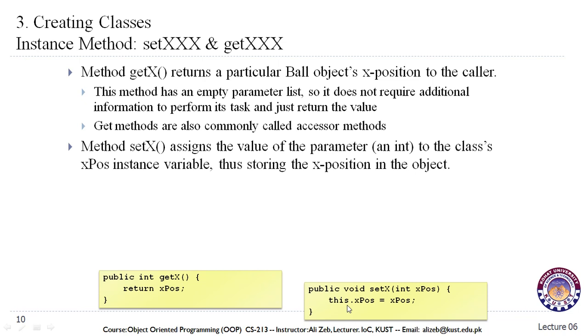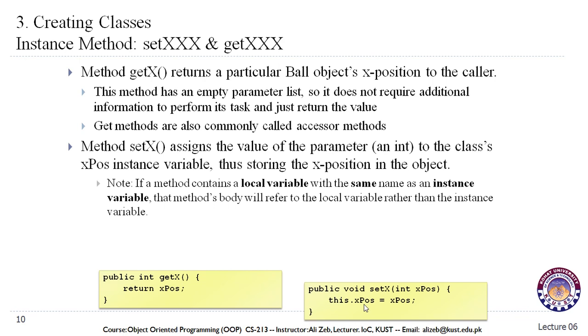We see this keyword over here that we'll look at in detail in a little while, but what the setter method does over here is it passes a new value to the class, and that new value is assigned to the instance variable, thus overwriting the value that we initialized these instance variables with when declaring the object.